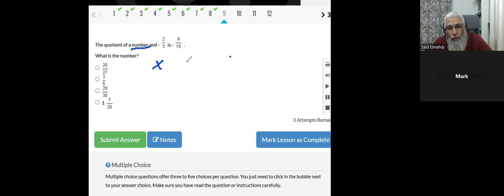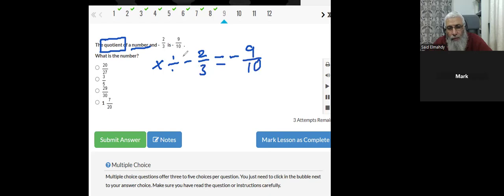How to make this quotient? A quotient means division. So x divided by negative 2 over 3 equals negative 9 over 10.